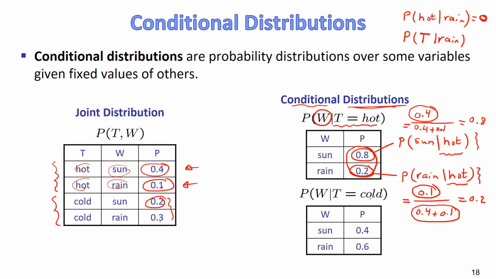So 0.2 divided by 0.5 will give us 0.4. Similarly here, the probability of rain given cold is the joint probability of rain and cold, divided by the sum of these two probabilities. So 0.3 divided by 0.5, which is 0.6.